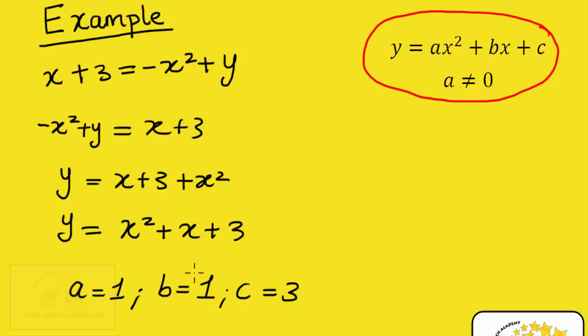As you can see, we have a is 1, b is 1, and c is 3, and a is not 0. This equation is quadratic, even though it looks so odd. It doesn't look like this, but by rewriting it in the general form of the quadratic equation, we could tell that it is in fact a quadratic equation. It's the case of the general form where a is 1, b is 1, and c is 3.